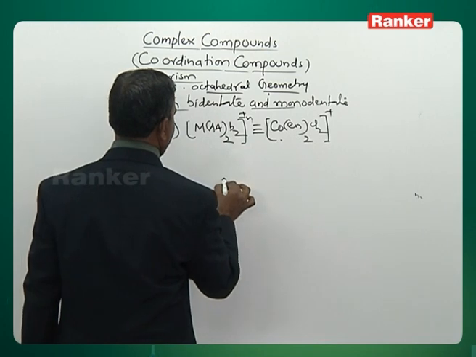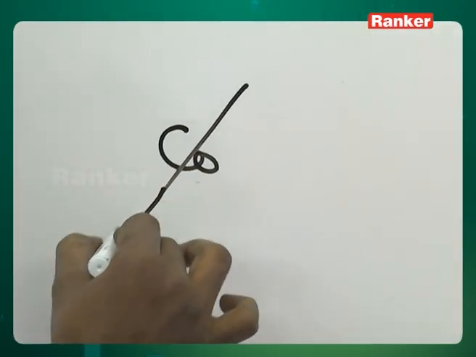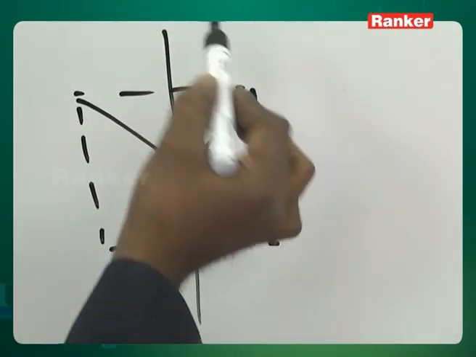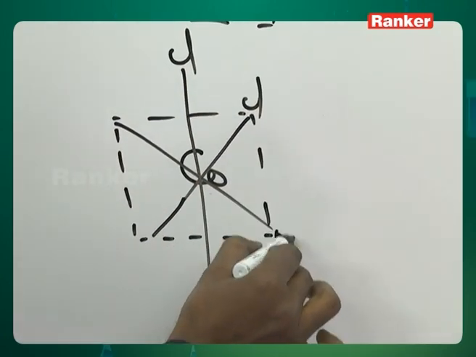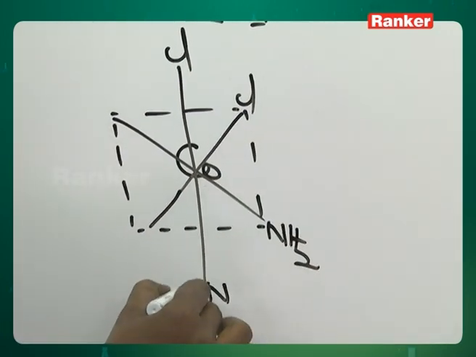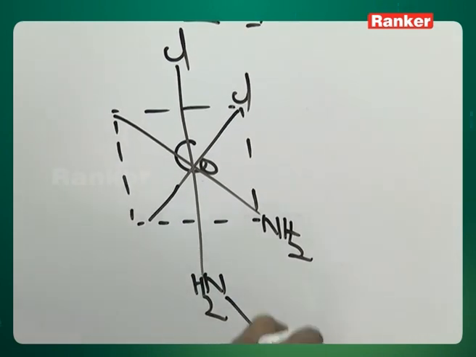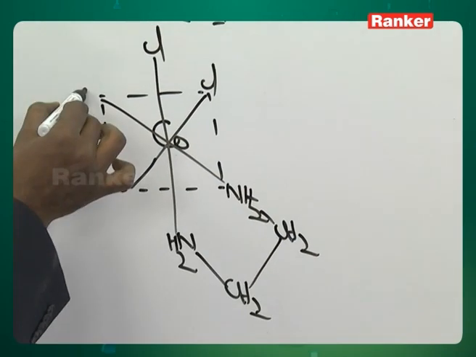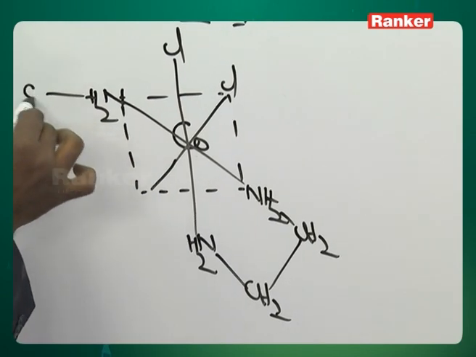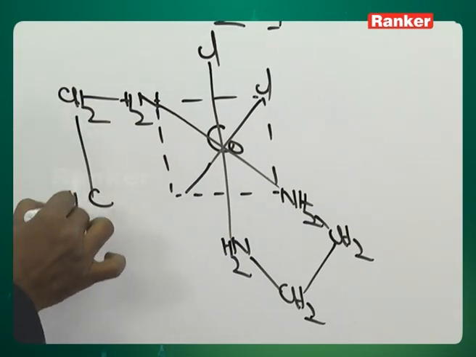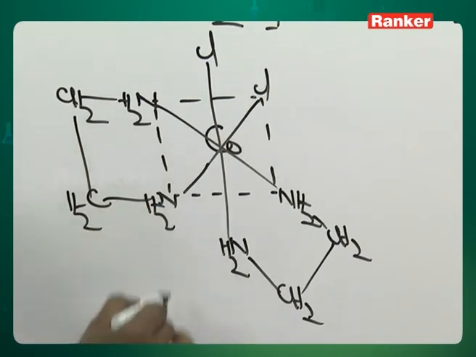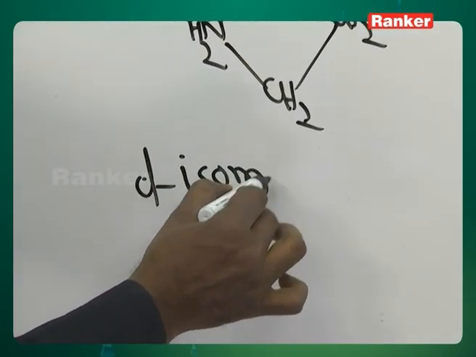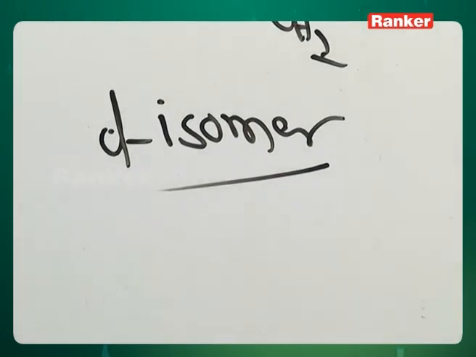Let us write only the cis isomer of Co, one ethylene amine, second one. Take this as the D isomer.